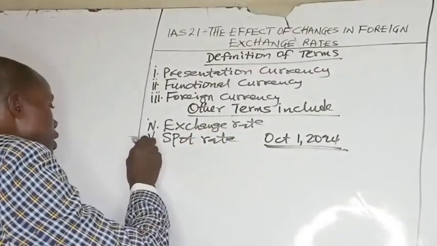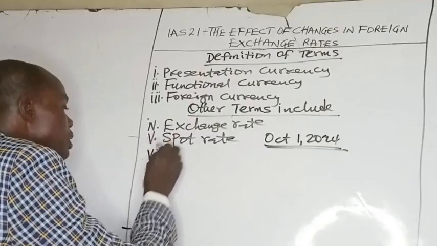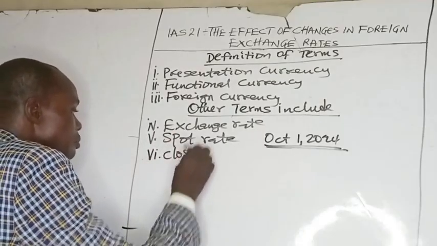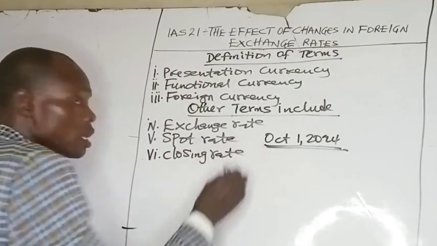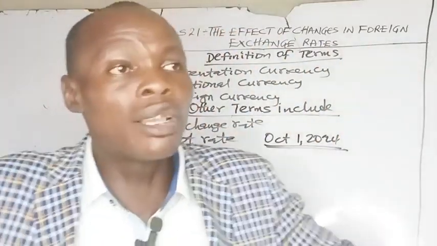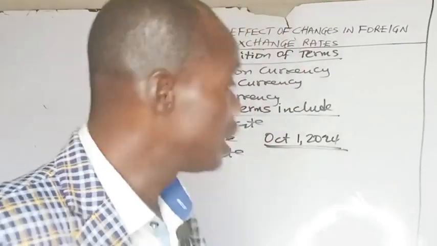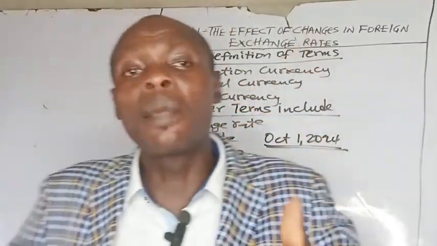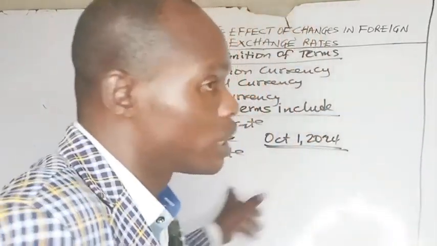Number six, we have closing rate. Closing rate is the spot rate at the end of the reporting period. The exchange rate at the end of the reporting period is said to be the closing rate.